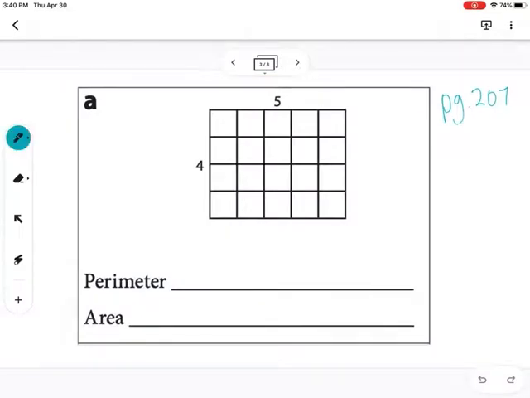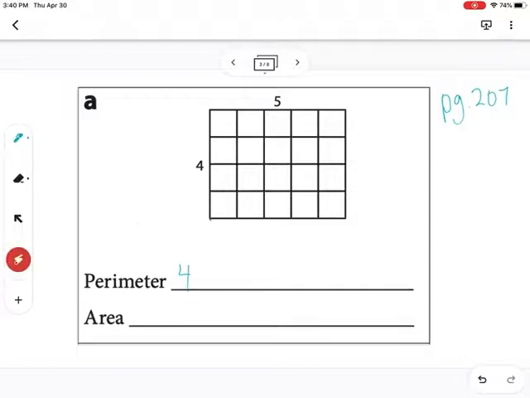All right. So this is from page 207. This is number 1A. So to find the perimeter of this array, we need to find the distance around the array. So I'm going to grab my little pointer. We know that the length of this side is 4. It's labeled.